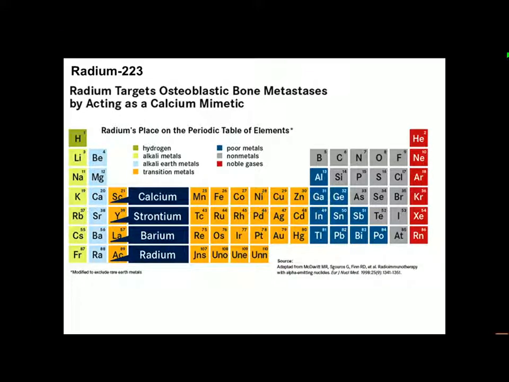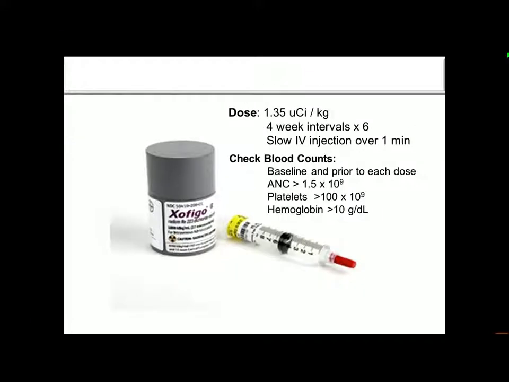So with this agent, again, radium in the periodic chart sits with calcium, strontium, magnesium. And essentially this agent is bone seeking. You don't need to attach it to another chelate or ligand to deliver it to the tumor. Essentially, if you're looking at metastatic bone disease, the radium chloride will be delivered directly to the bone.